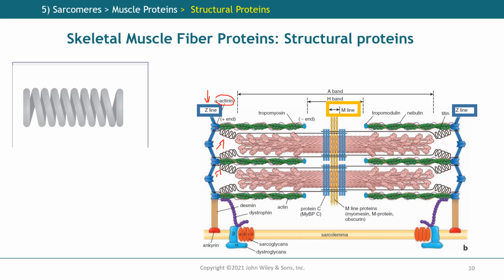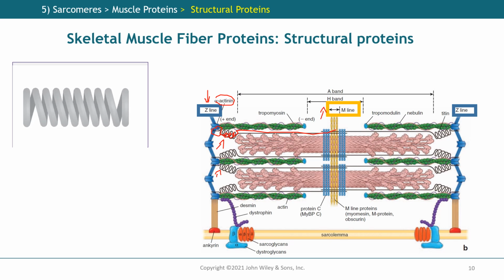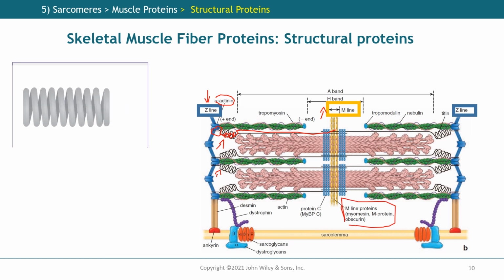So it starts here. You see it goes through all these terms and then continues and attaches here to the M line. And in the M line, of course, you have another type of protein. But the titin is attaching to both of those, the Z line and the M line, and this allows more control over the sarcomere, and in this way gives stability, elasticity and extensibility to the myofibers.